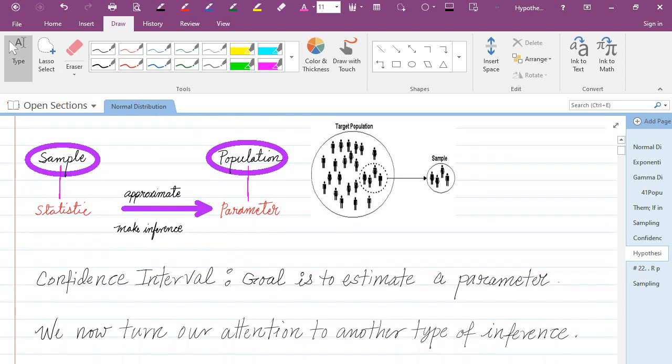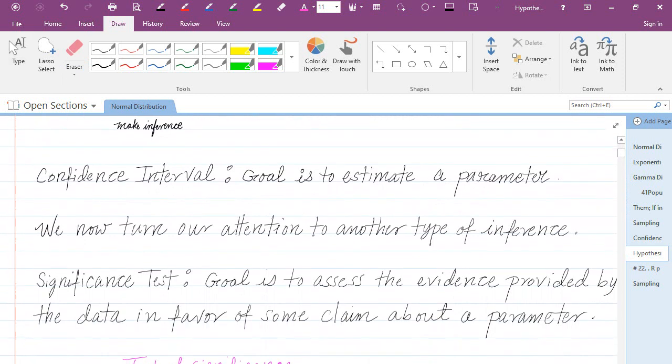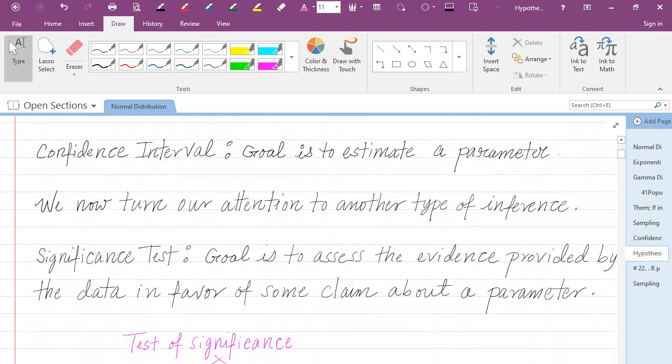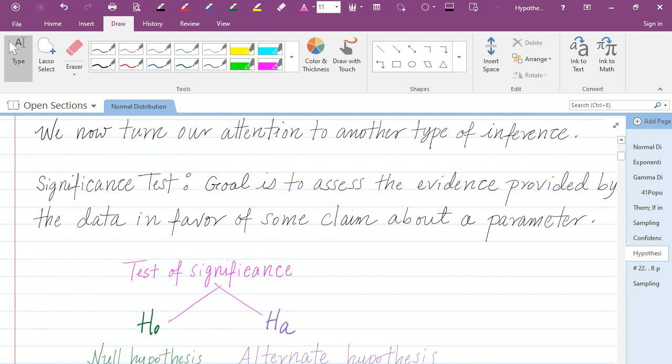So recall that we looked at a kind of inference before called confidence interval, and when we looked at confidence interval, the goal was to estimate a population parameter. And so now we want to turn our attention to another type of inference. It's called significance test, or test of significance.